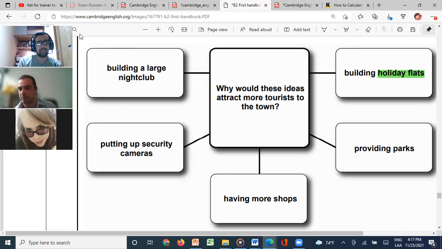Bien. This is very important, your idea, because the people in this time want to travel.